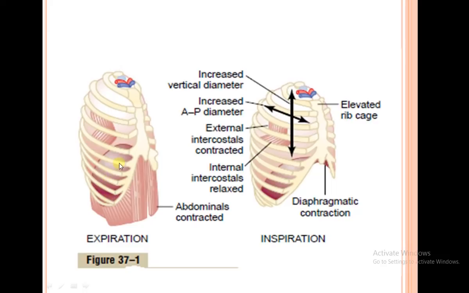Inferiorly you can see this dome shaped muscle. This is the diaphragm separating the thoracic cavity from the abdominal cavity. Anteriorly we have the sternum, and laterally and running posteriorly are the ribs, or the rib cage, and to the ribs are attached the muscles, internal and external intercostals, and posteriorly we have the vertebral column.